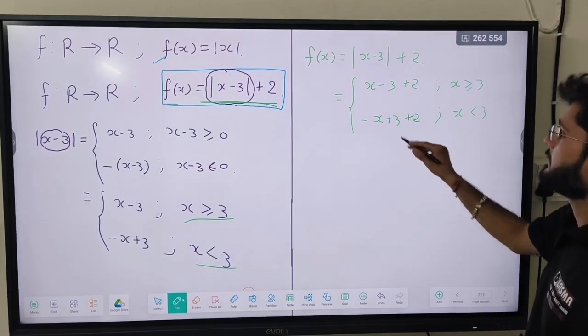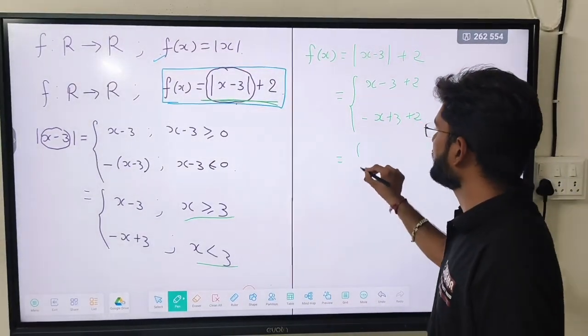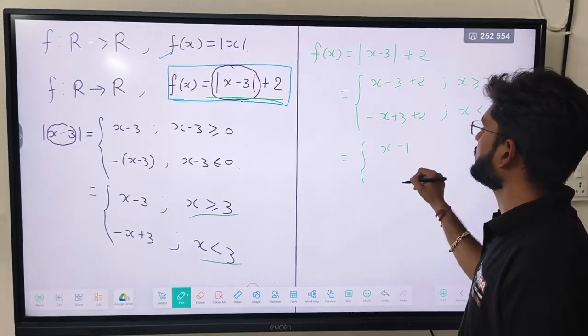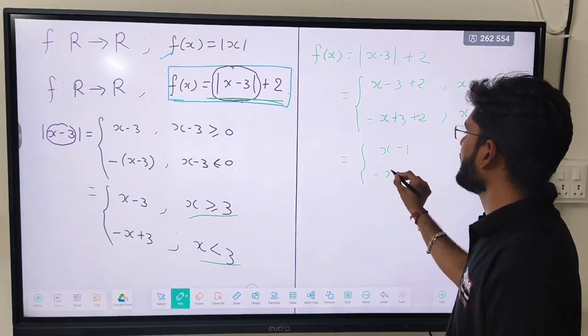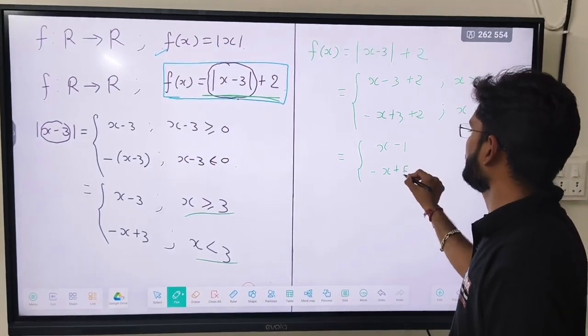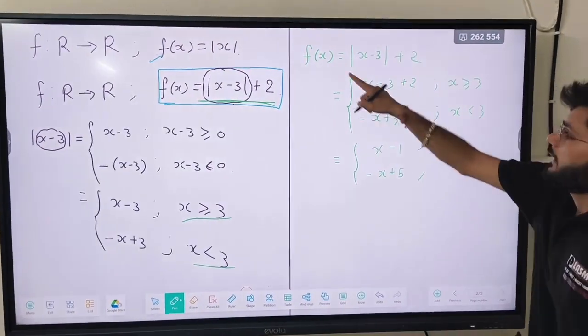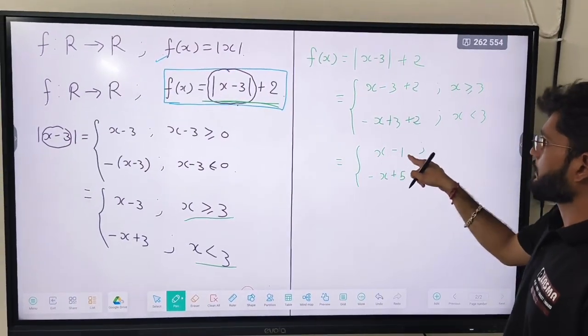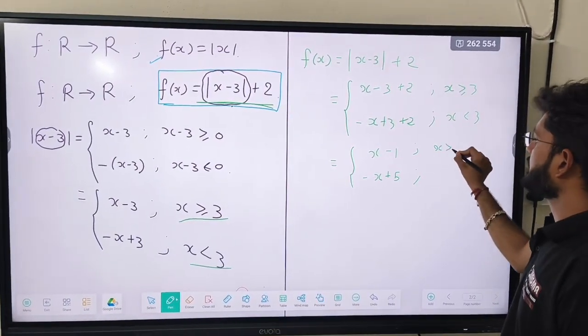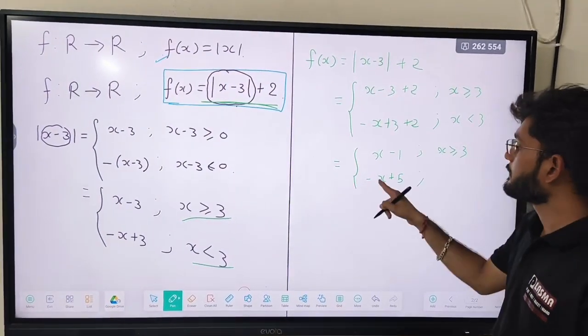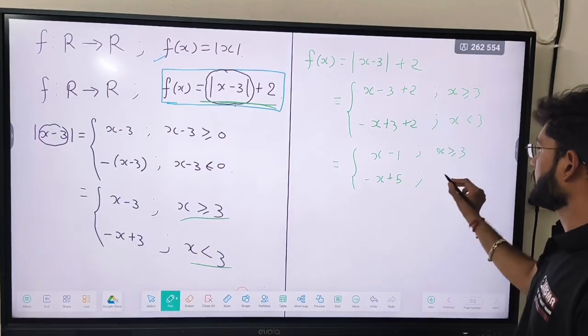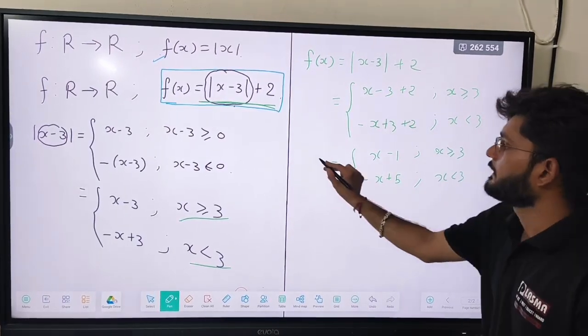So when x is less than 3, further simplifying, we will get x minus 1 here, and here we will get minus x plus 5. So f(x) is equal to x minus 1 if x is greater than or equal to 3, and f(x) is equal to minus x plus 5 if x is less than 3.